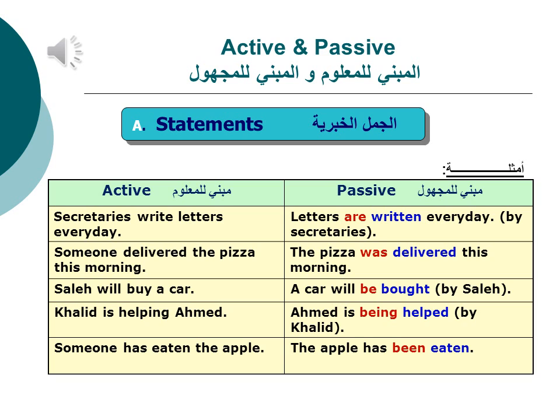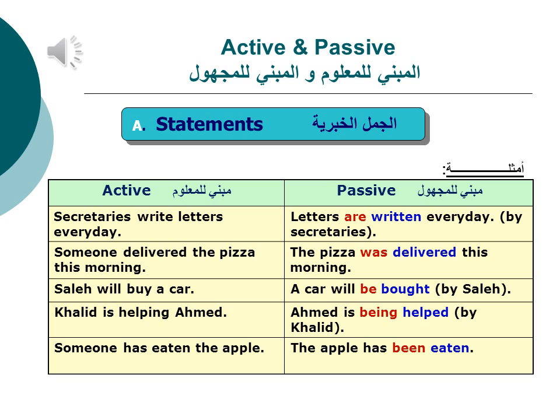Delivered is a regular verb, which means that the past simple and the past participle forms are the same. So both end with ed. So the whole passive sentence reads like this. The pizza was delivered this morning.